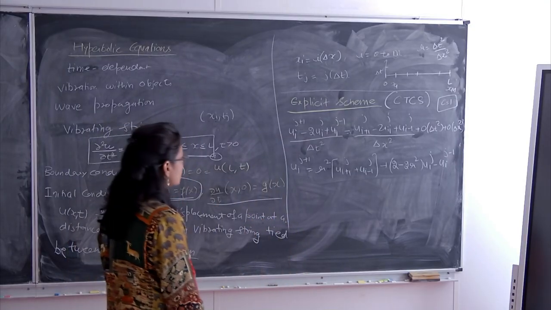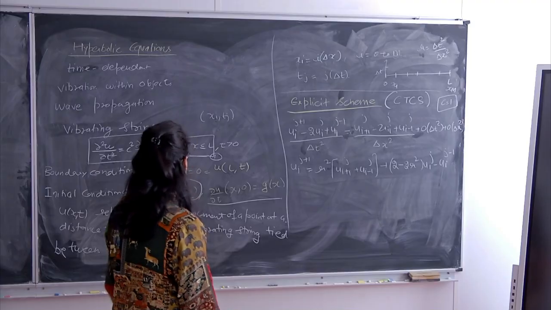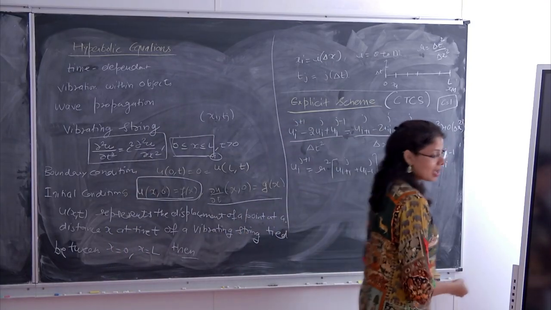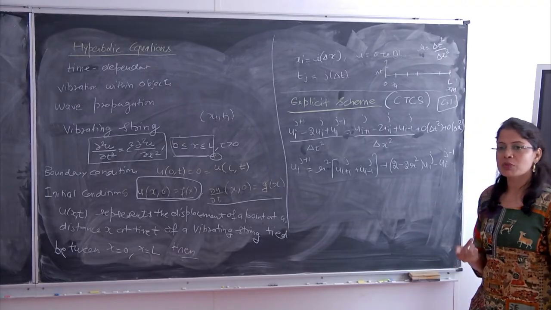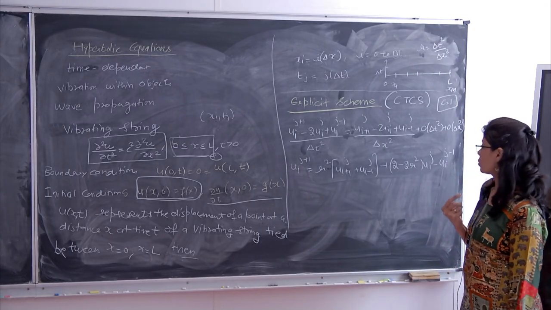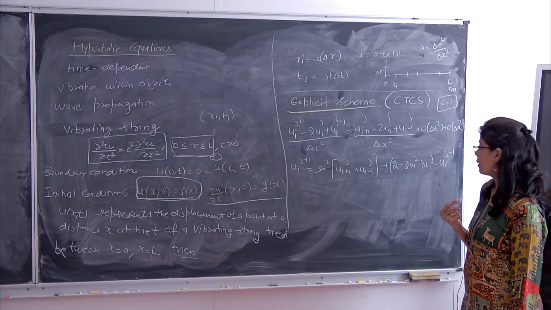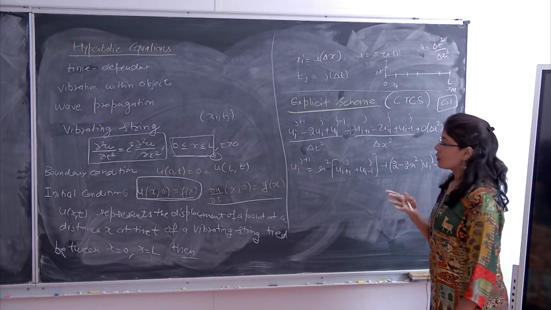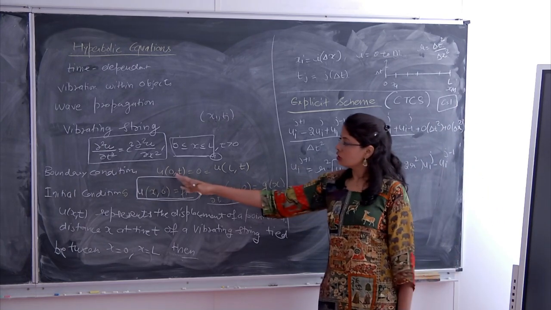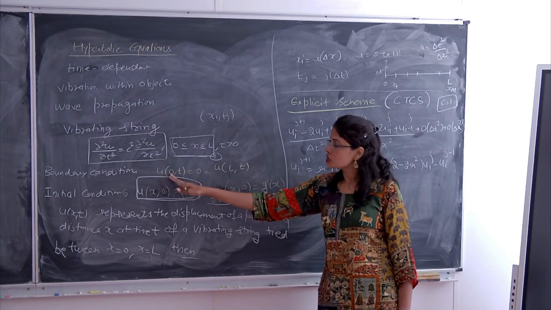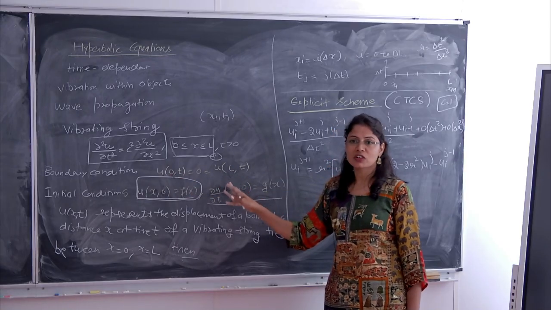Now you should also think about this, and you have to tell me what will be the values of i and j. Just think about this. If you want, you can write in the chat box what the values of i and j will be. Because the value of u is given on the boundary, so i at 0 and m is already given to me.